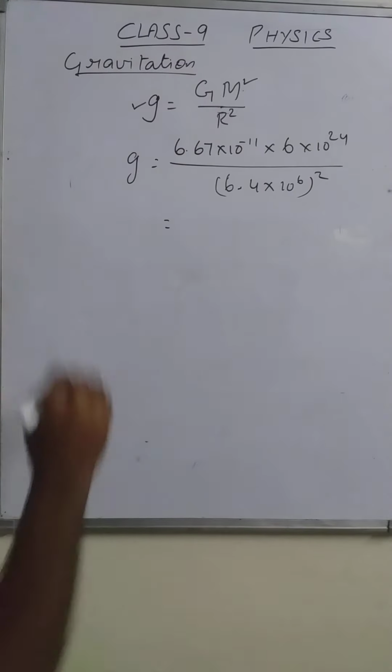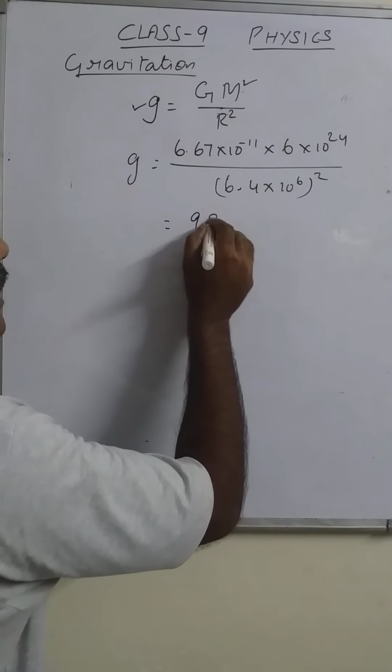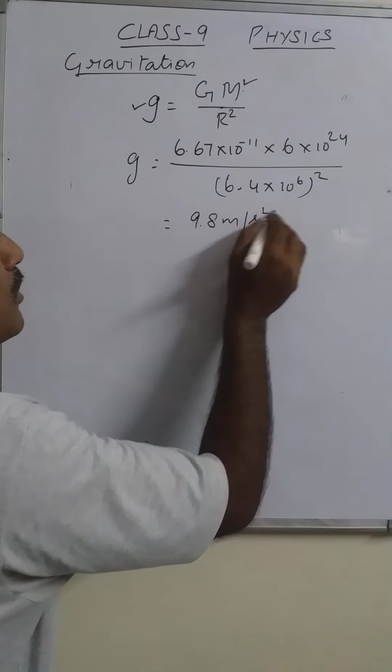If we calculate it, we simply get 9.8 meter per second square.